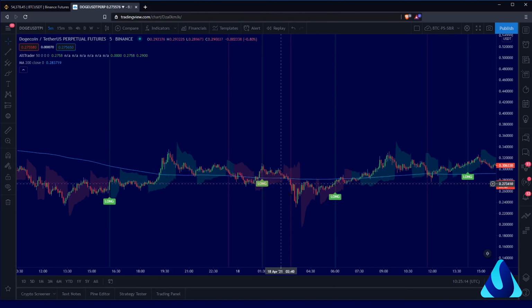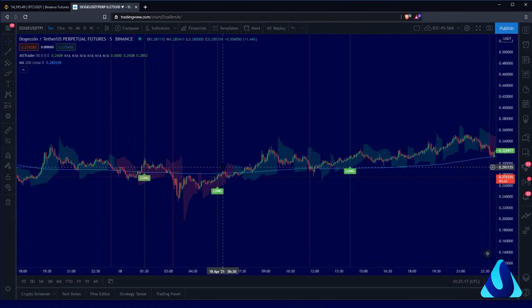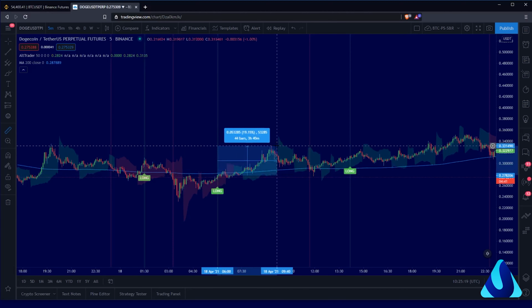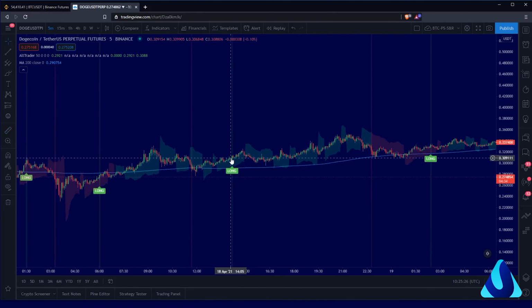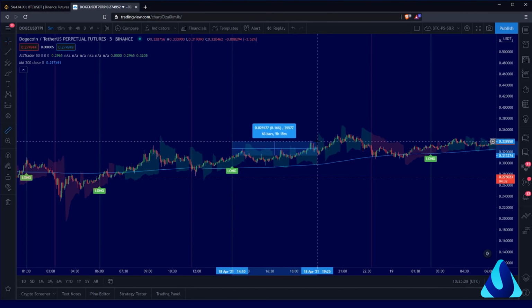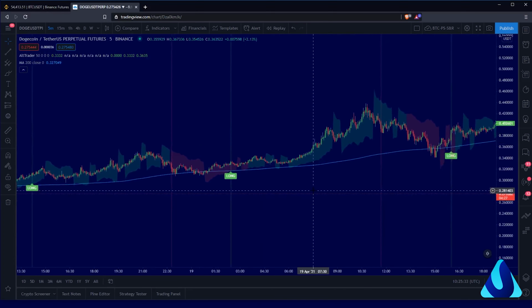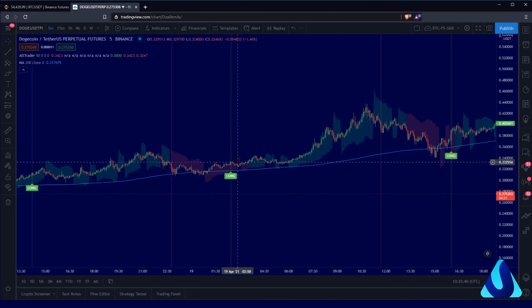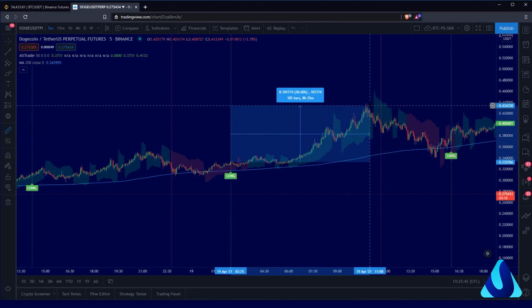So just to give you an idea of the power of this indicator, another 19% move there. Some are bigger than others, but as you can see, the ones that we're looking at are all bigger than 5%. So if you're smart with money management and make sure that you are moving your stop losses and following the trend, and not trying to jump on every single trade, I think that's another important thing.